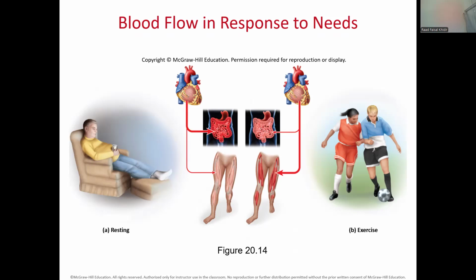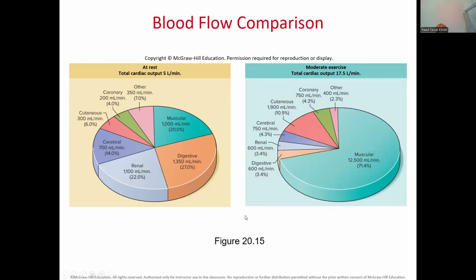So we have to be able to manage which amount of blood goes where. At rest, you see that's how the blood is divided. But at moderate exercise, you see most of the blood goes to the muscular system.